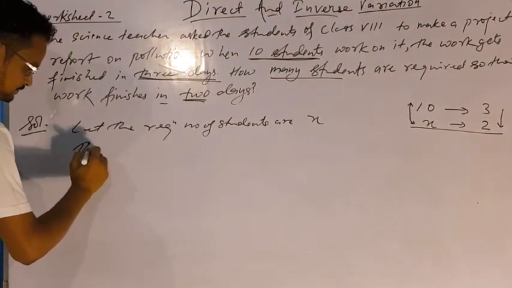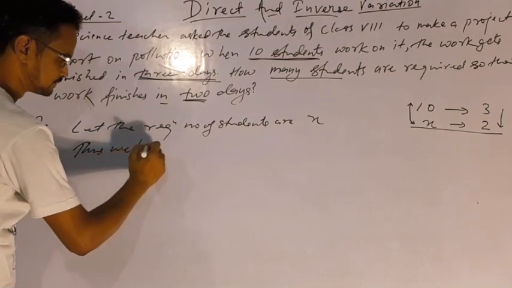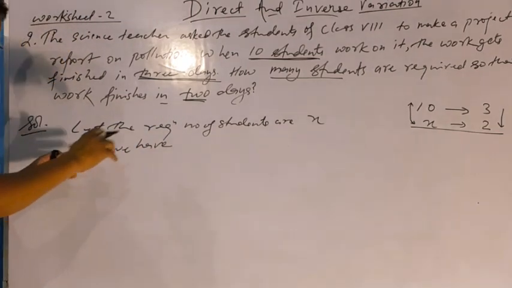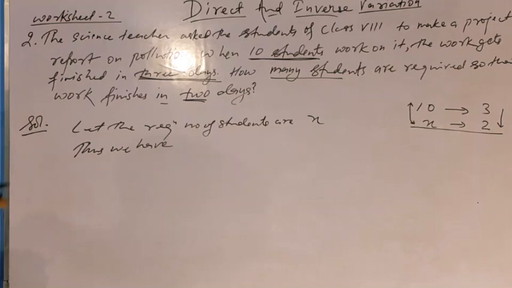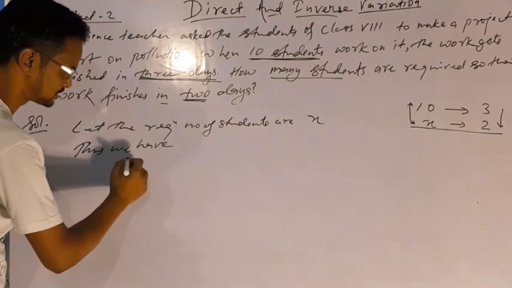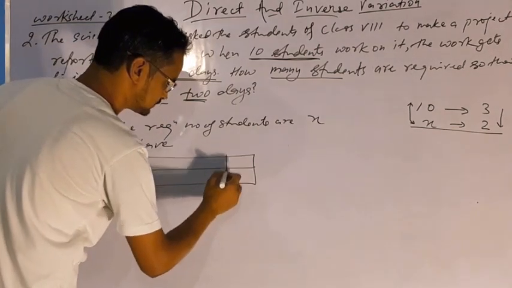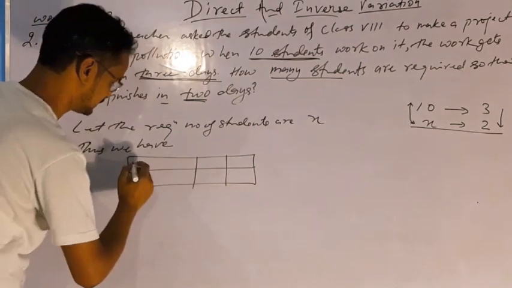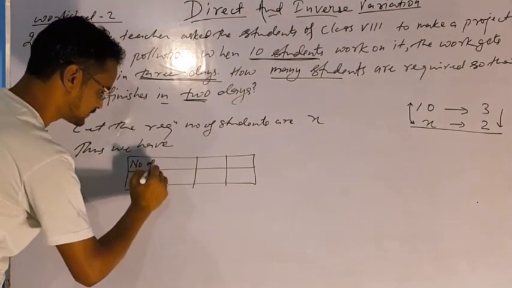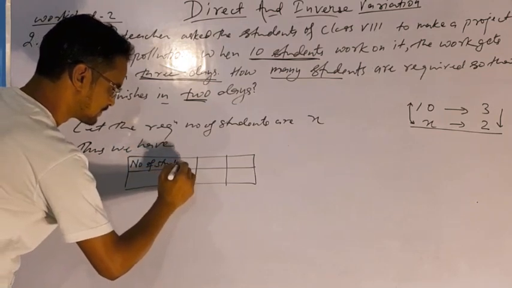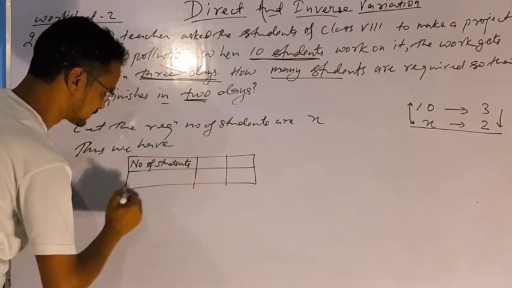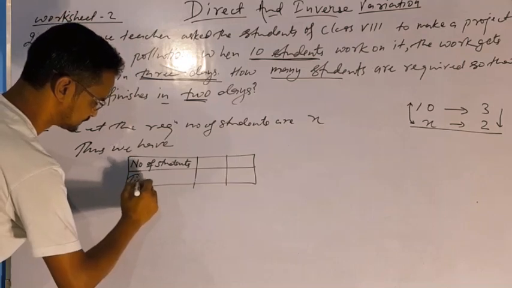Thus we will form a table as in the previous worksheet to summarize the question. Here, number of students and the time taken.